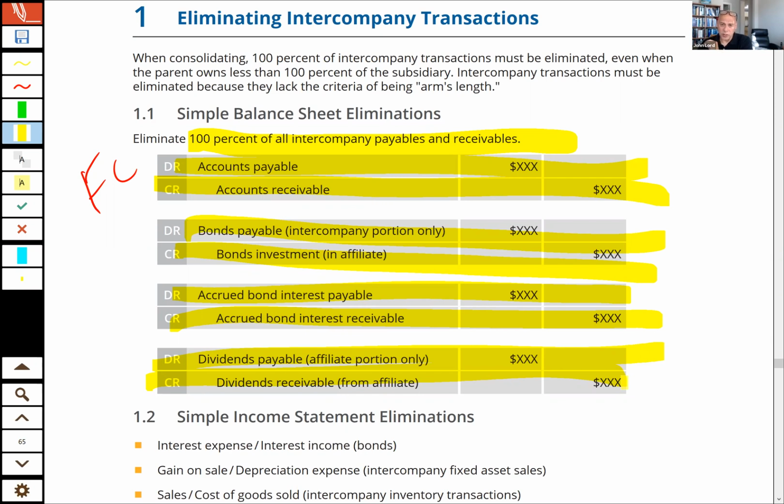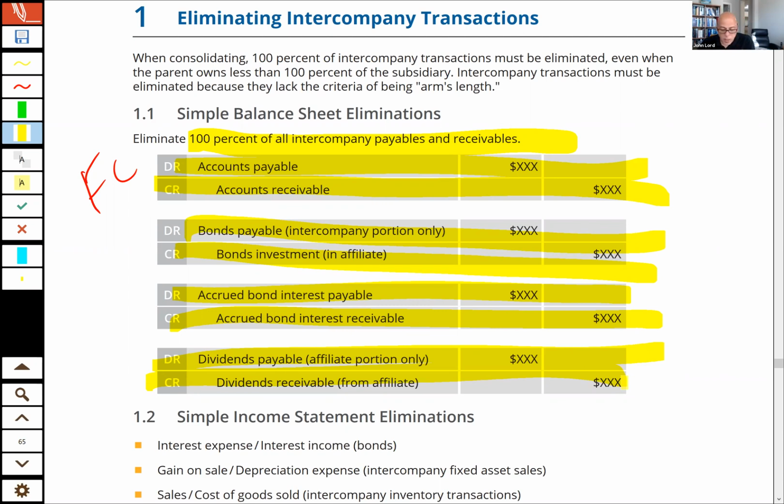We're still going to show that as a subtract from our retained earnings for our non-controlling interest, because those dividends are going to outsiders. So if it's a dividend from the subsidiary to the parent, you only eliminate that part of the dividend that is going to the parent. The part that's going to the non-controlling interest would still be shown.